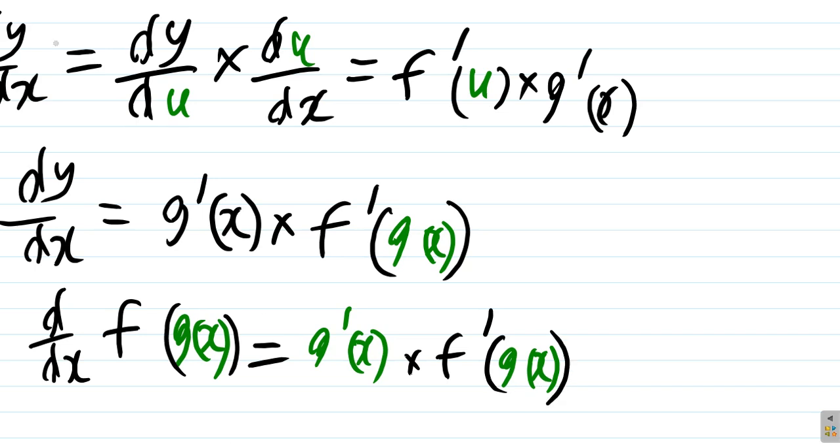So we have the inside function. We differentiate the inside function, put it here. Then we differentiate the entire function, treating the inside function as one variable, put it here, then multiply them. So that's the derivative of a function of a function.